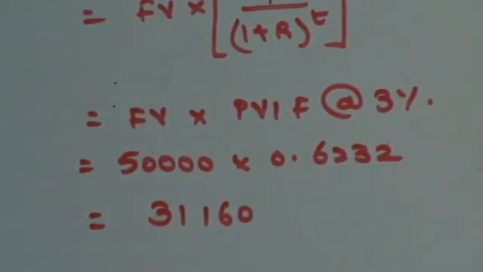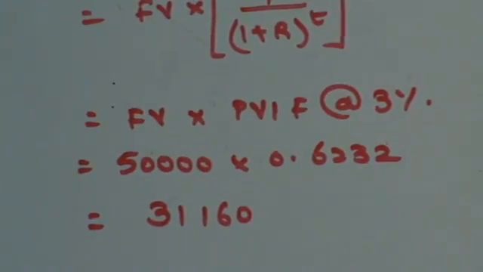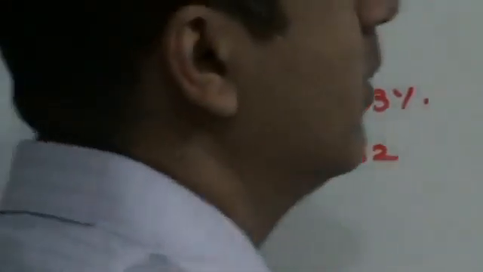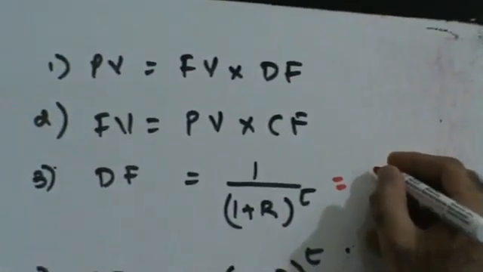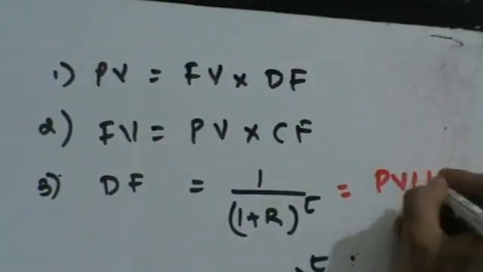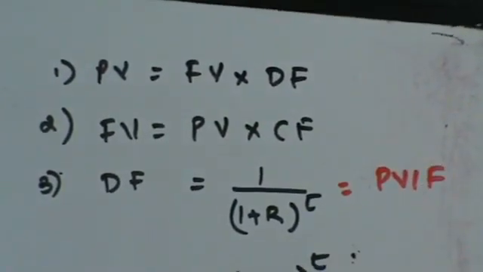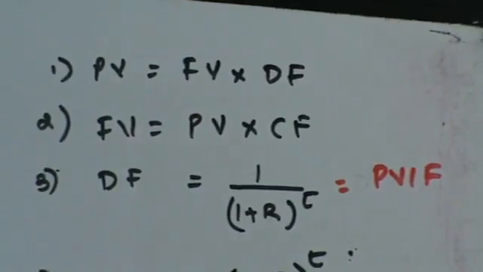Fine, do we get this clear? So I'll just write this down. 1 upon 1 plus R the whole raised to T is also called the present value interest factor. Let's move on to another sum, guys.